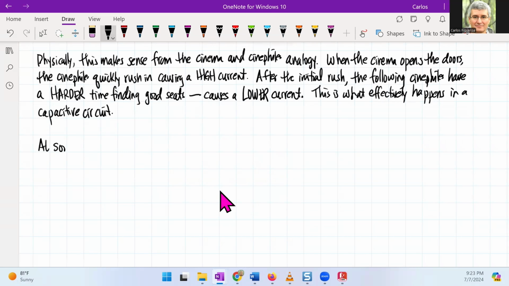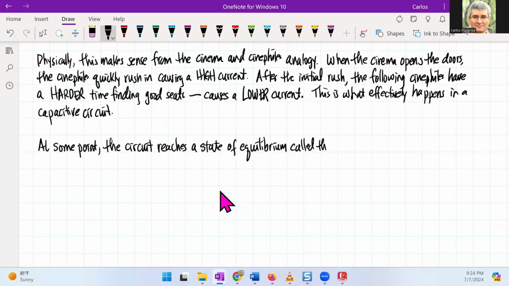At some point, the circuit reaches a state of equilibrium called the steady state.